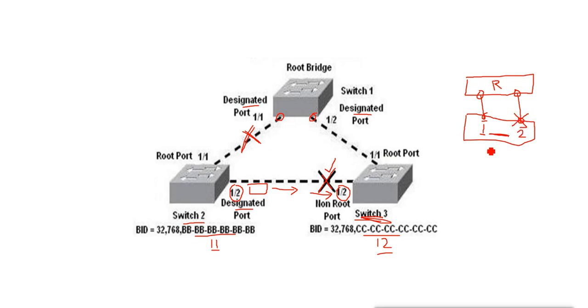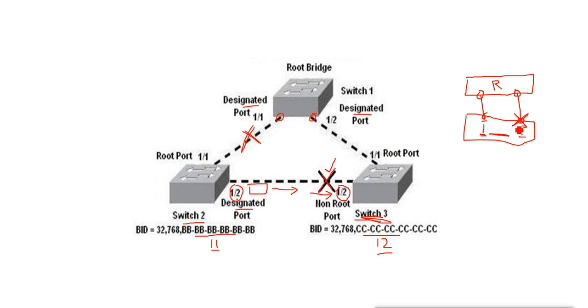So basically, when a switch decides which port should be blocked, it first checks the MAC address, and otherwise it looks at the port number. The lower port number wins, and the higher port number blocks itself. So this is how the STP protocol works and prevents loops.